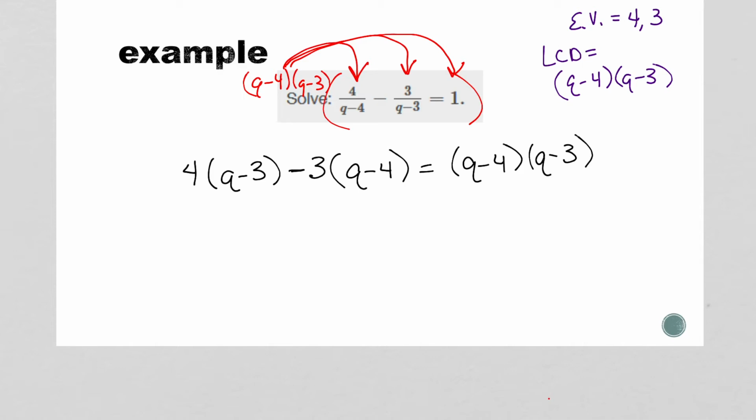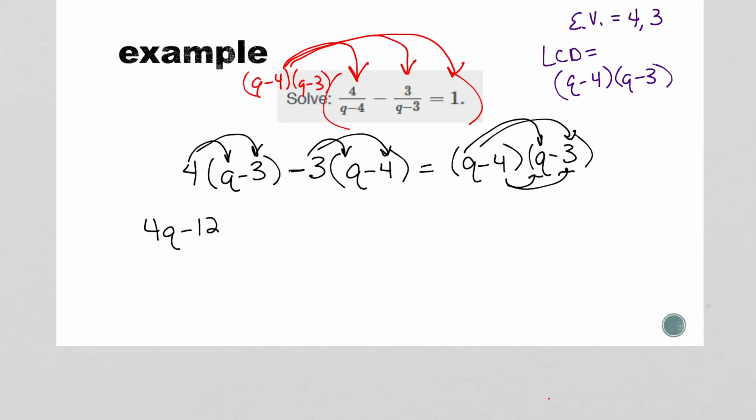Now the next thing I want to do is distribute everything out so that I can combine my like terms. So I would distribute, distribute, distribute, distribute, and distribute. So we end up with 4Q minus 12 minus 3Q plus 12 is equal to Q squared.